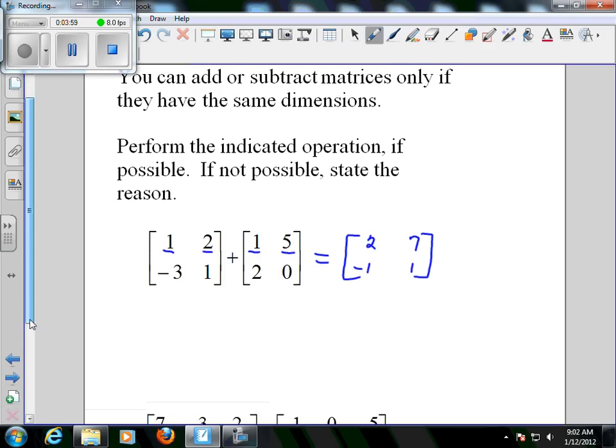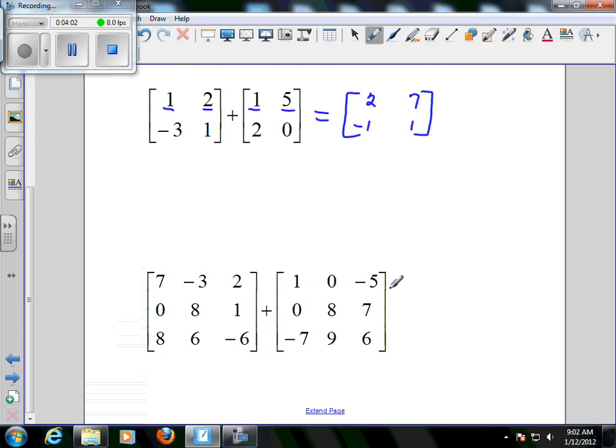Okay, so now let's take a look at this one. These particular matrices do have the same dimensions. They're each a 3 by 3. Let's add them together.